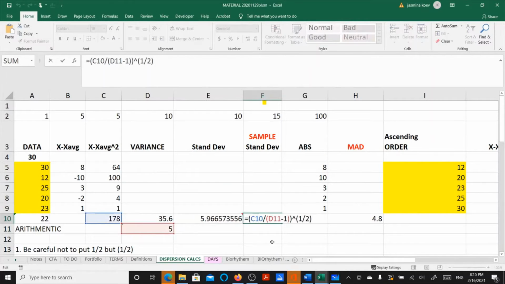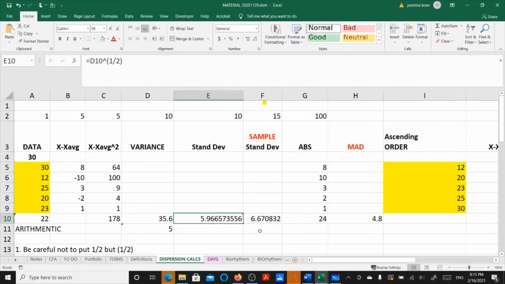This is an example of sample standard deviation. And as you see, this is where the bias comes in. We call that a biased estimator. When you're not using sample, you see it's lower, it will give you a lower measure of variance and of standard deviation, of risk, basically.